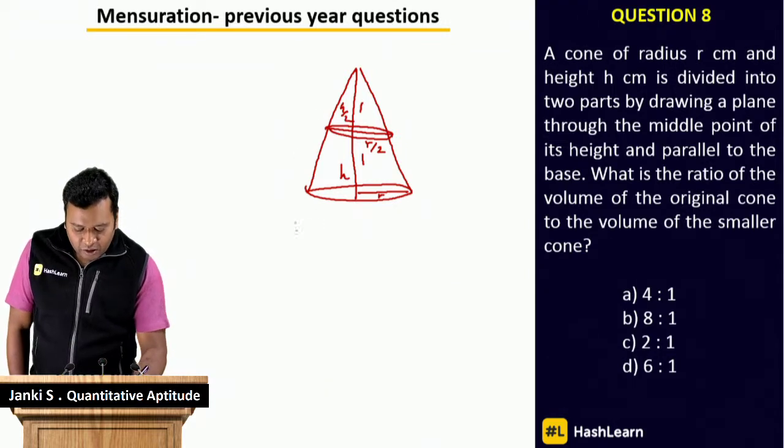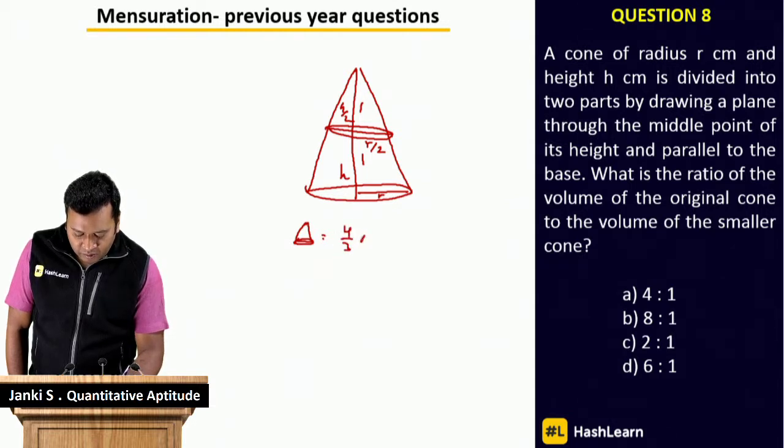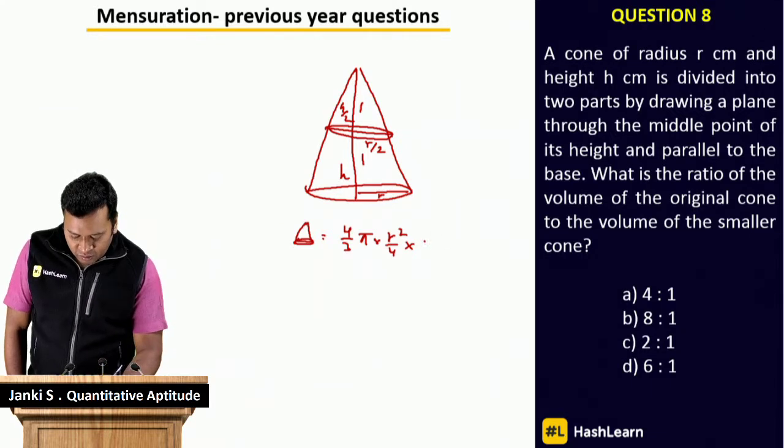That's my relation given. So if we take the smaller one, the volume is nothing but 1 by 3 pi r square, that's nothing but r square by 4 into h, which is h by 2 is the value, right?